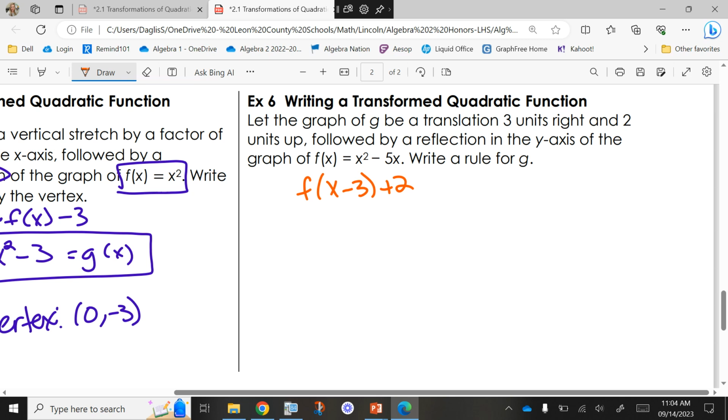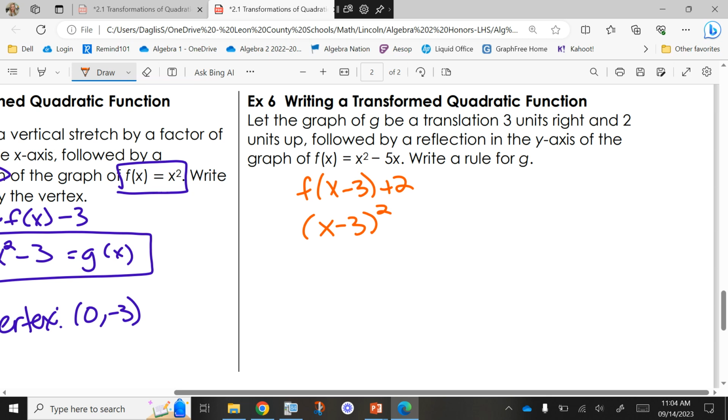So in my function, x squared minus 5x, all of my x's get changed to what? X minus 3. You with me? So I don't have x anymore. I have x minus 3. So when I see x squared, now that's x minus 3 squared.